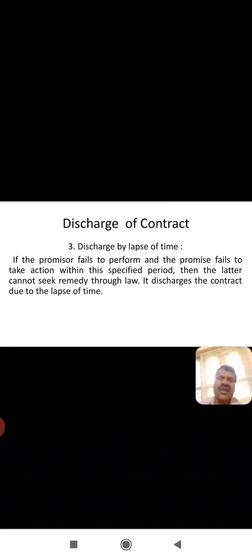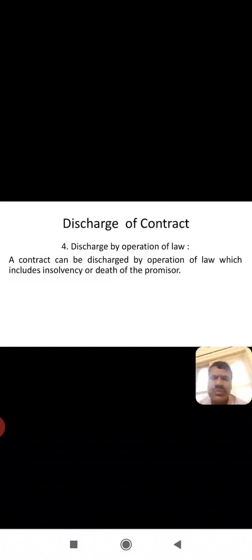Then discharge by lapse of time. If the promisor failed to perform and the promisee failed to take action within the specified period, then the latter cannot seek remedy through law. It discharges the contract due to lapse of time.